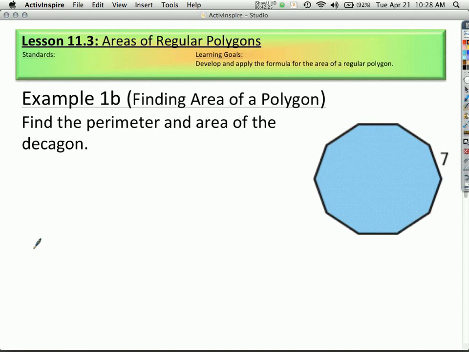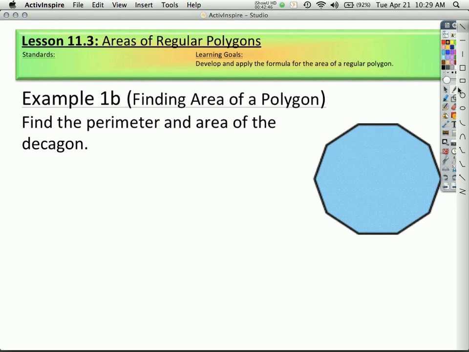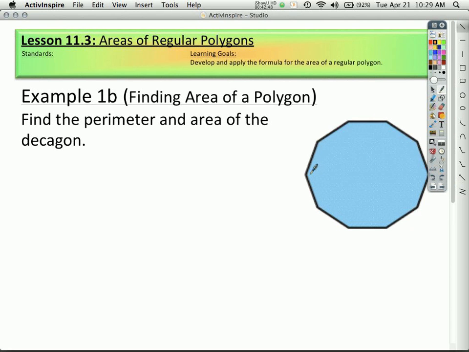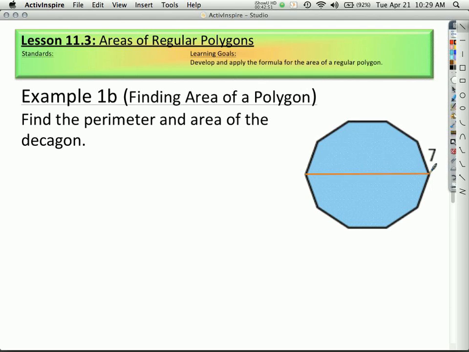All right. Give me a thumbs up if you feel confident you found the center of that polygon. Good. Kayla, how'd you do it? Good. So if I draw from here to here, well, that doesn't find me the center, but it looks like it cuts the polygon in half.